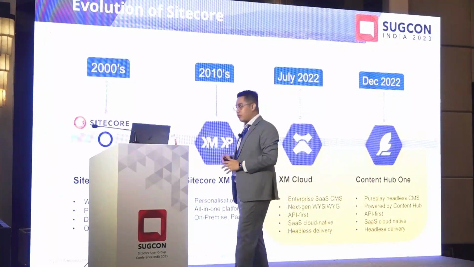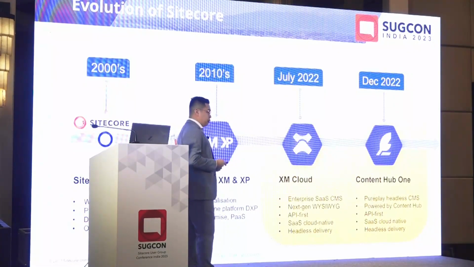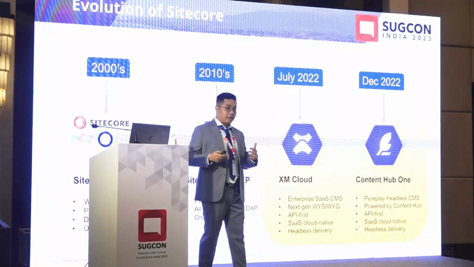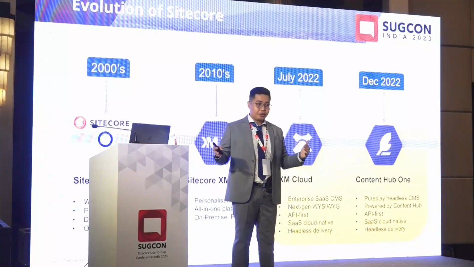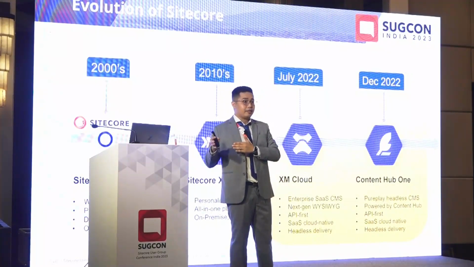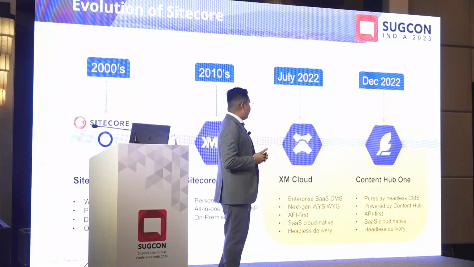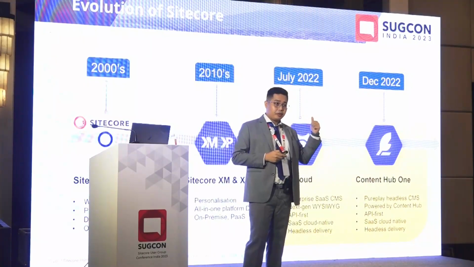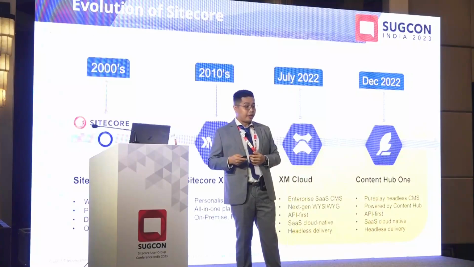Eventually we moved on to Sitecore Experience Manager, an experience platform for personalization, all-in-one DXP. And now we are in this space where we're looking at a hybrid headless solution or a pure play headless solution, which is XM Cloud and Content Hub 1. We just launched Content Hub 1 in December 2022, last year. So today is about 9 or 10 months already.